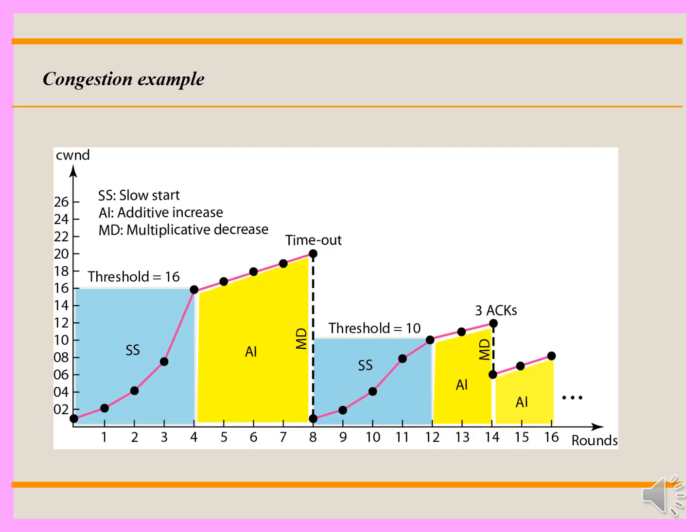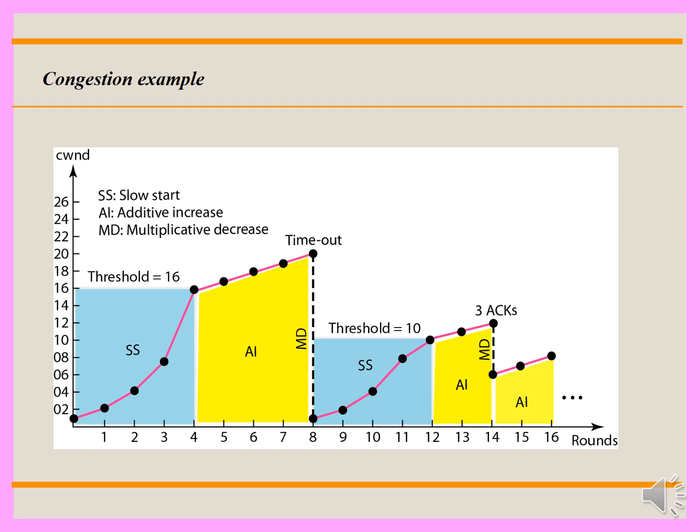So this can be visualized here. It sets the threshold value to half. In the beginning, it is 16 somewhere. Then there is slow start, then an additive increase, and then a multiplicative decrease. It is suddenly coming down, you can see. In the beginning, in the blue portion, the slow start portion, it increases, and the threshold value is 16. Then there is an additive rise, then there is a timeout.